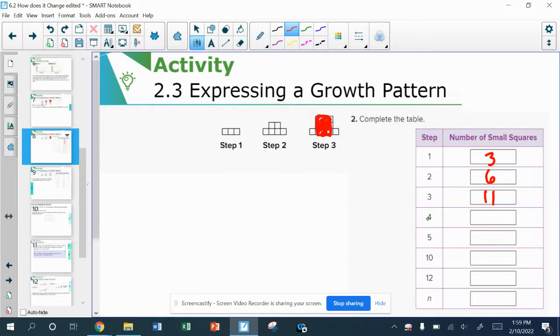So 4 squared would be 16, plus the 2 on the sides would be 18. 5 squared, a 5 by 5, would be 25, plus 2 more would be 27. 10 squared would be 100, plus 2 more is 102. 12 squared is 144, which you should know, and then add 2, I'm going to get 146. So my pattern this time, for any particular step, is to take my step number and square it, and add 2 more for those wings that are out on the sides.